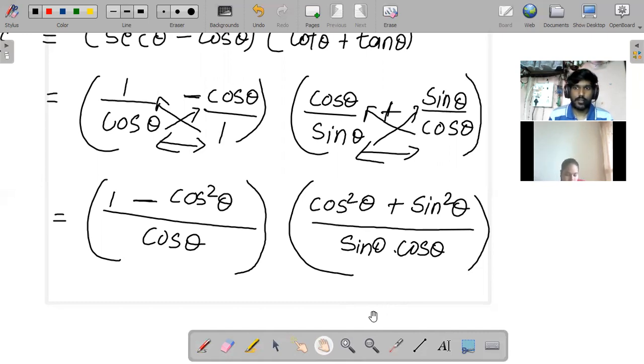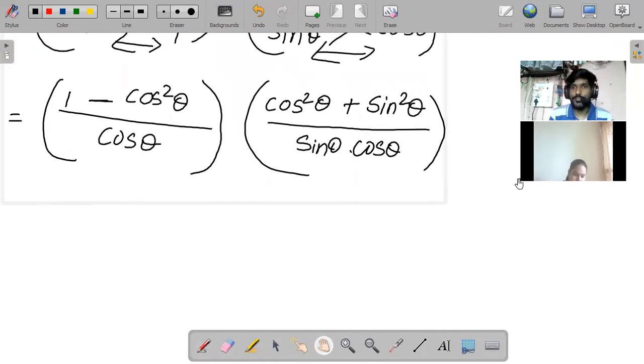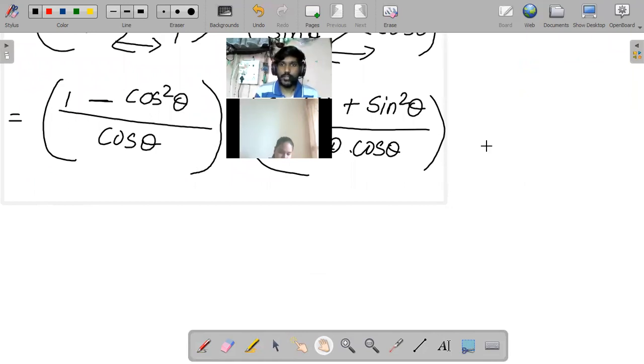Okay. Now we have to use the formula, the first identity. Can you tell me which is the first identity?